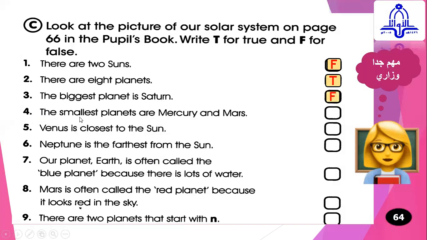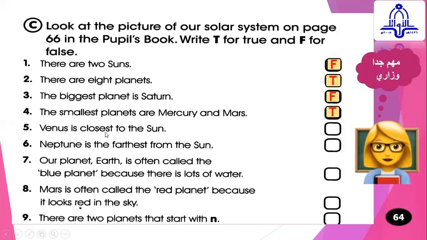Number 4, the smallest planets are Mercury and Mars. This statement is correct because Mercury is the smallest planet and Mars also is smaller than Venus and Earth. So Mercury and Mars, they are the smallest planets. This statement is true. We should write T. Number 5, Venus is the closest to the Sun. هل كوكب فينوس الزهرة هو أقرب الكواكب إلى الشمس؟ No, this statement is incorrect.